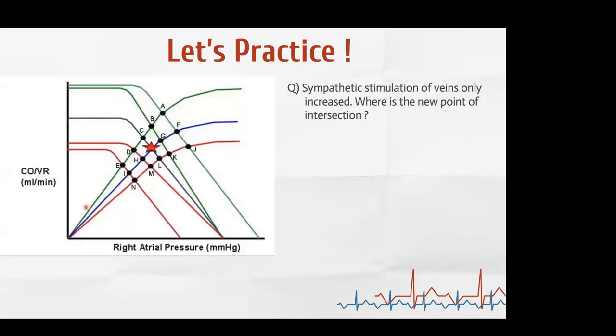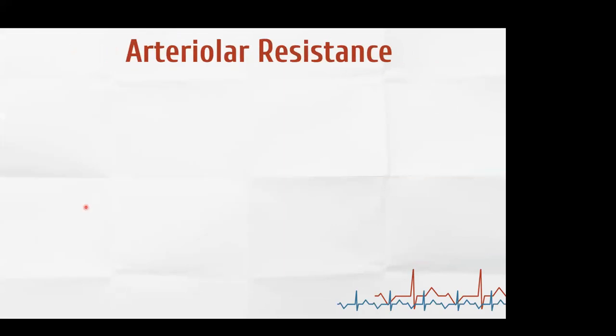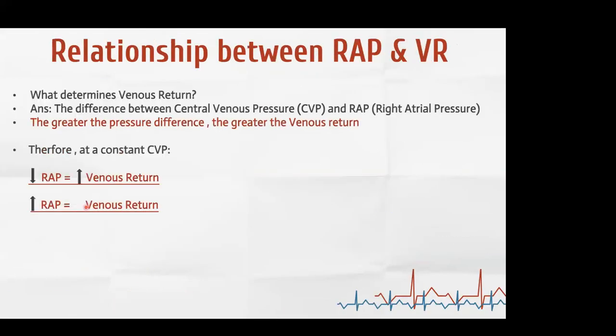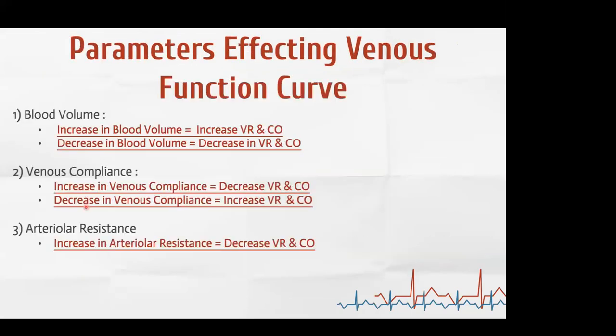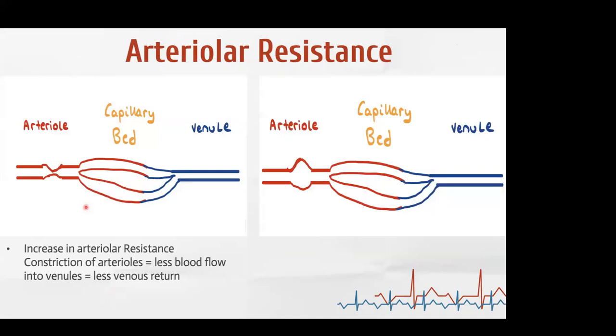It will increase, exactly. Let's just clarify this point once more. Over here, we explained that if we increase the resistance or vasoconstrict, then less blood will flow to the veins, and therefore we're decreasing venous return.